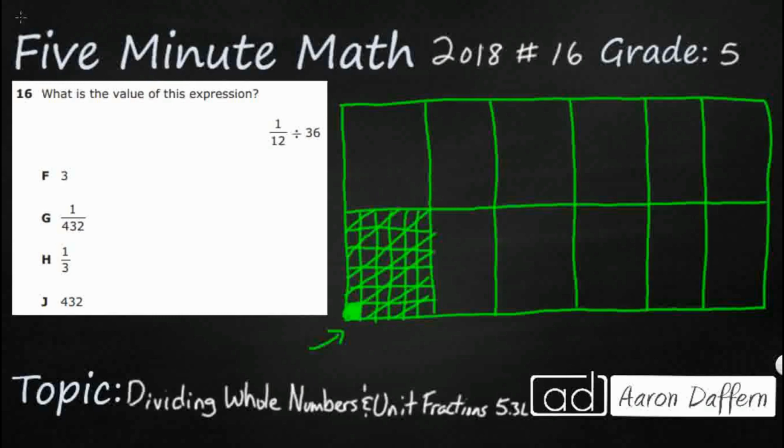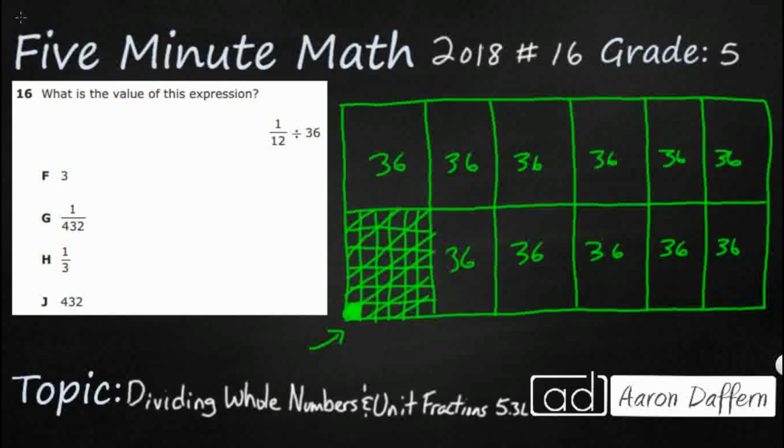Now, rather than drawing that in every single one of these boxes, I can just say, you know what? That's 36, 36, 36. These are all 36s. So how many 36s am I going to take? Well, that's going to be 36 times 12, because there are 12 boxes here.